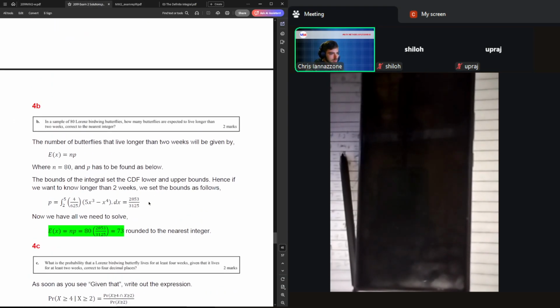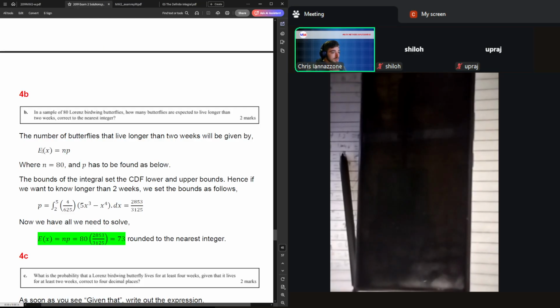As for part B, how many butterflies will be expected to live longer than 2 weeks? So just set your integral as appropriate. 2 to 5, because you're longer than 2 weeks, up to 5.